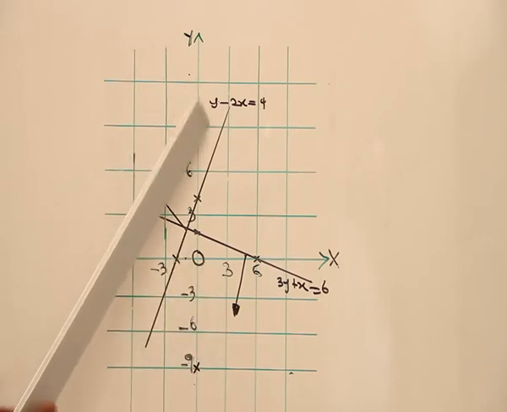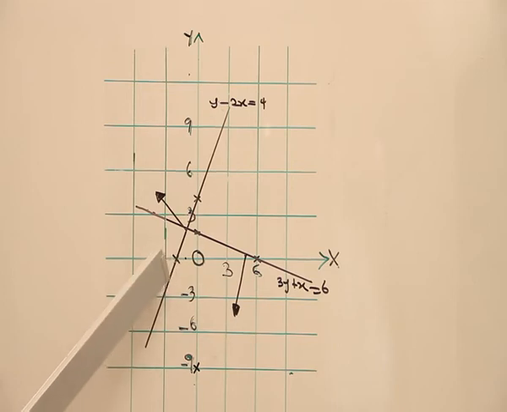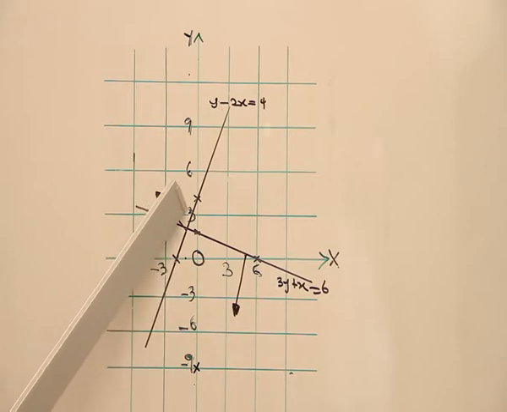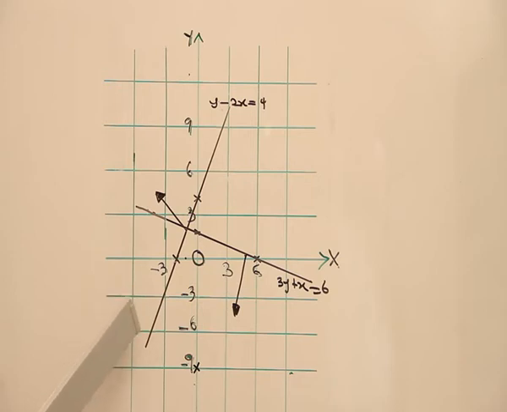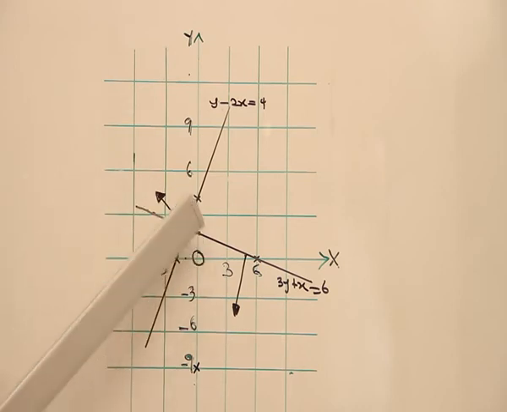Like in the first case here, we will carry out a test by using the point 0, 0 on the inequality representing the first line. When we put s equal to 0 and y equal to 0, we discover that 0 is less than or equal to 4. It is true, which means towards the origin is the solution. So above that line is not a solution. So I've used the arrow to indicate that anything above the line is not a solution.